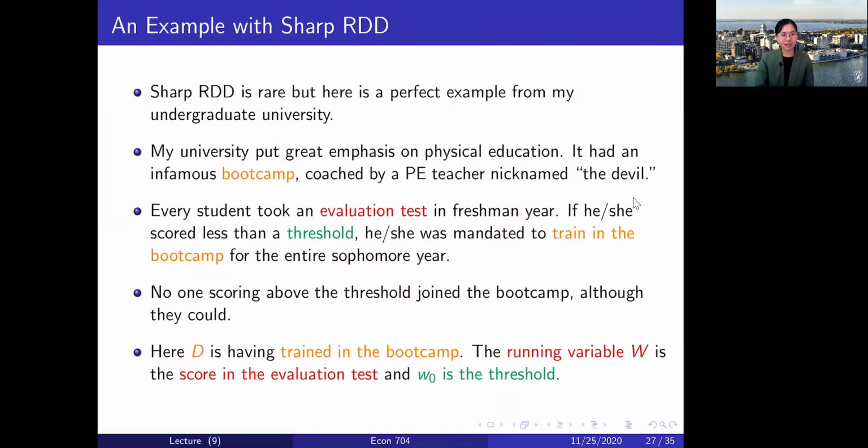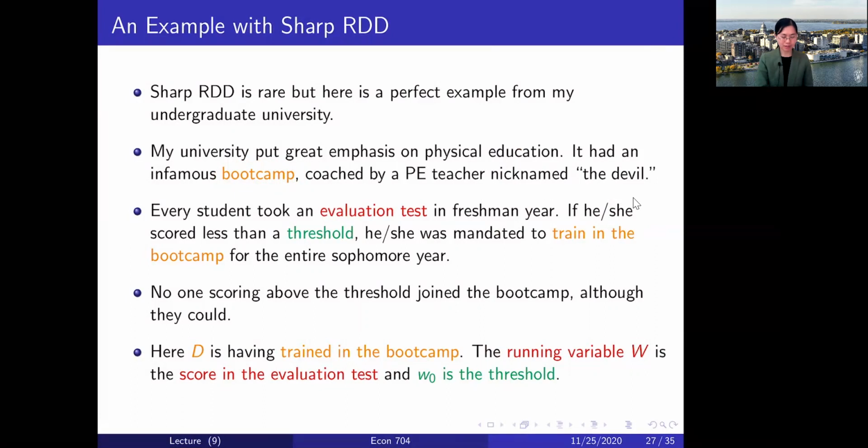It had an infamous boot camp coached by a PE teacher nicknamed the Devil. So the boot camp is a physical training class that is very, very demanding. How are students assigned to this bootcamp?